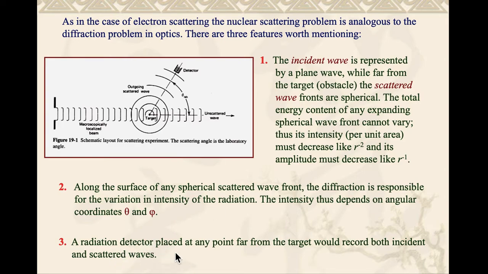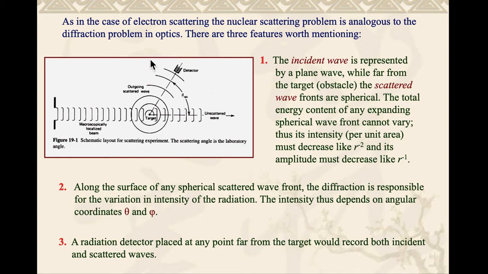A radiation detector placed at any point far from the target would record both incident and scattered waves. Here you can see the incident wave. A portion of it will go through without any scattering as unscattered wave, and a portion will be scattered.